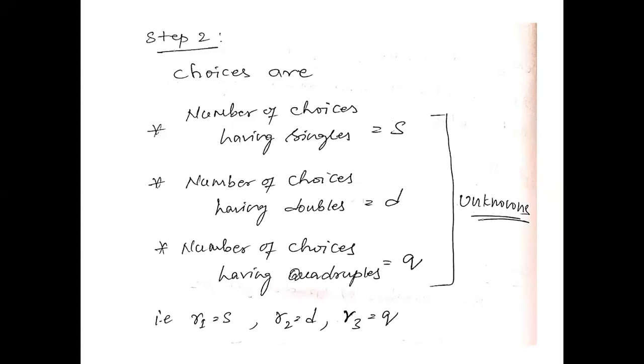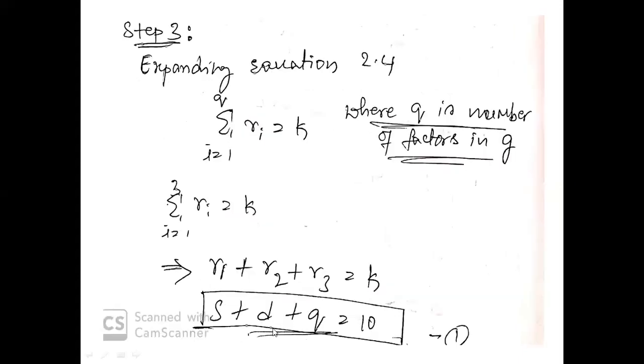If you combine all of them, it becomes a common outlet, which is considered quadruples. We are going to name these variables r1 equal to s, r2 equal to d, r3 equal to q. Why we use this naming convention, we'll look at in the next step.